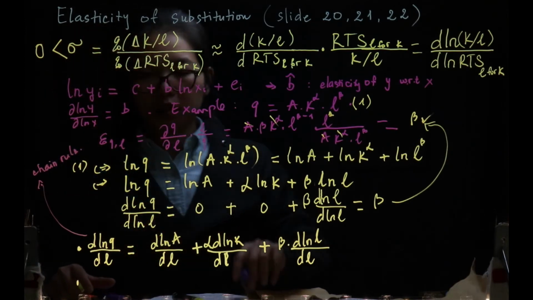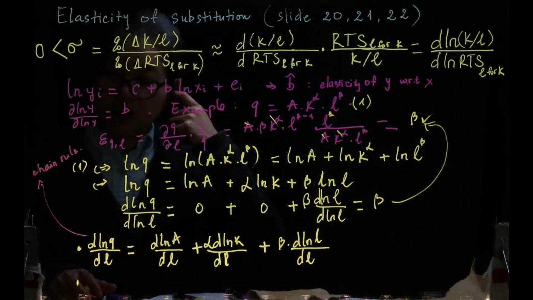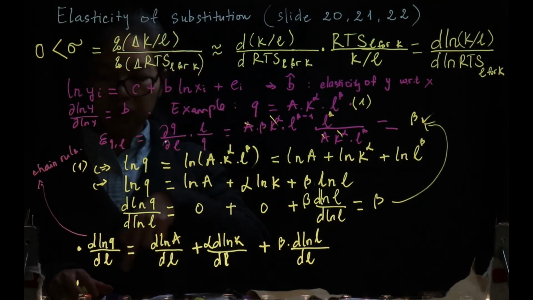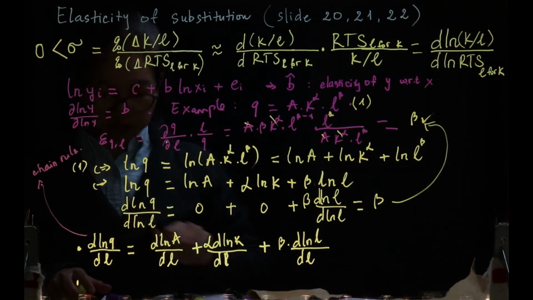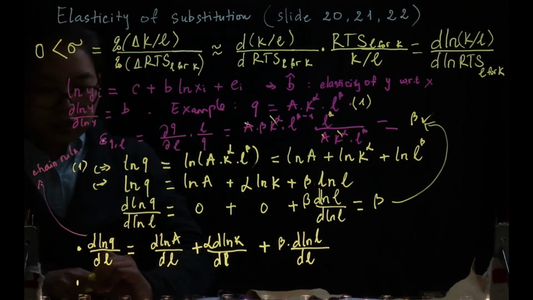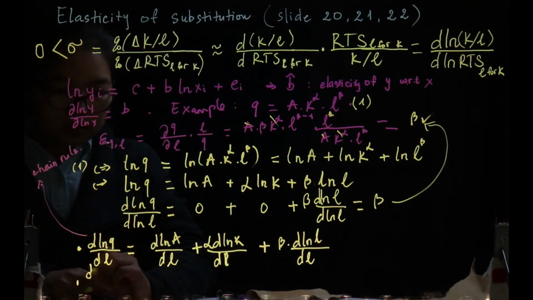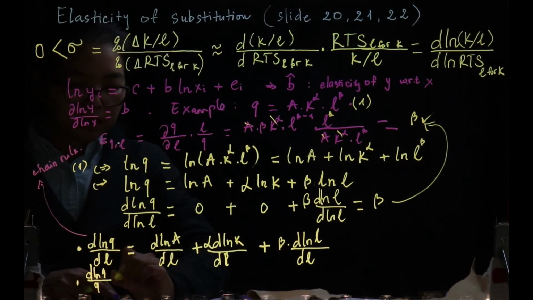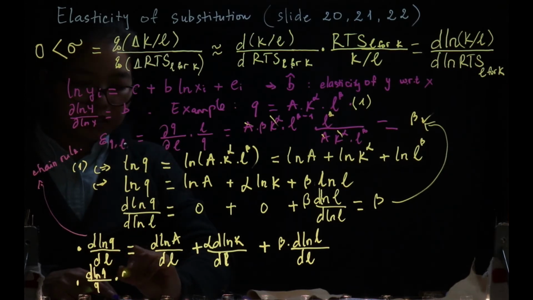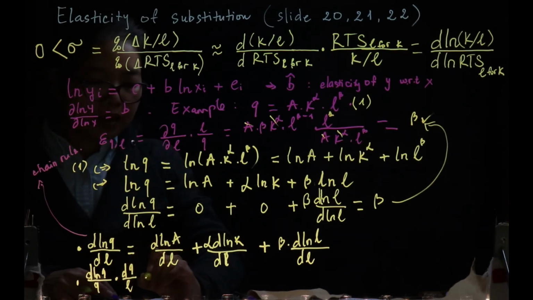Because ln Q is a function of L, but first of all, it's a function of Q. So we take the derivative of d ln Q with respect to Q times the derivative of Q with respect to L. And that is for the left hand side.